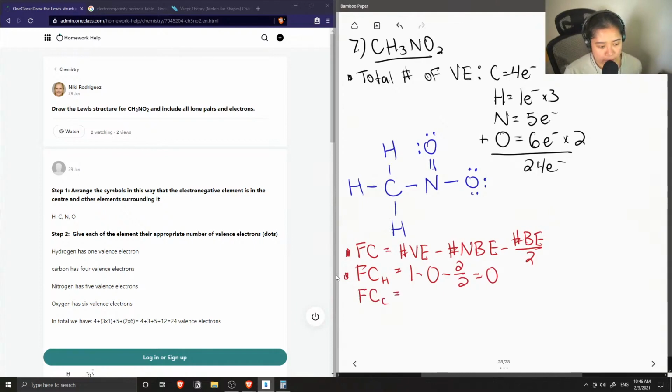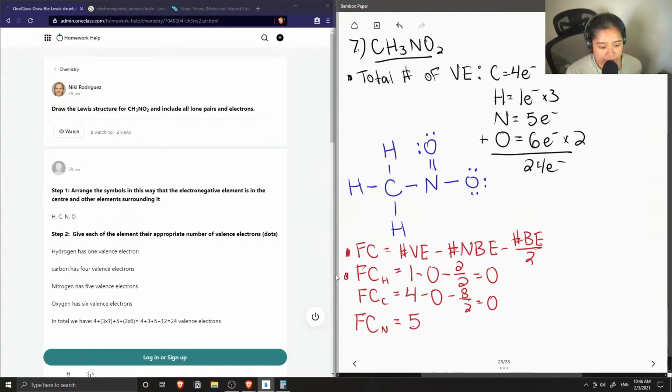So the carbon has 4 valence electrons, 0 non-bonding electrons, and there are 4 bonds to the carbon, so we have 8 bonding electrons divided by 2. So we also have a formal charge of 0. So now let's calculate the formal charge of nitrogen.